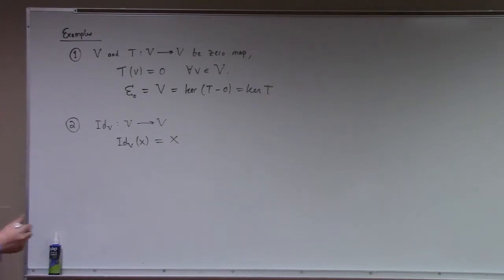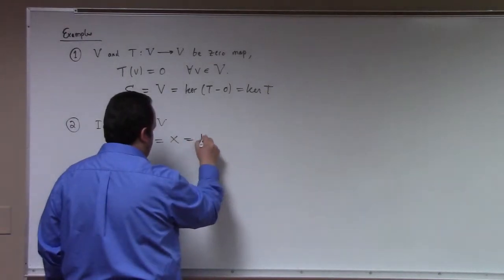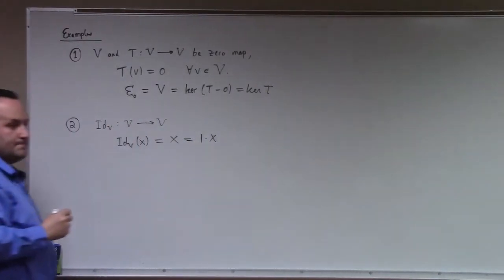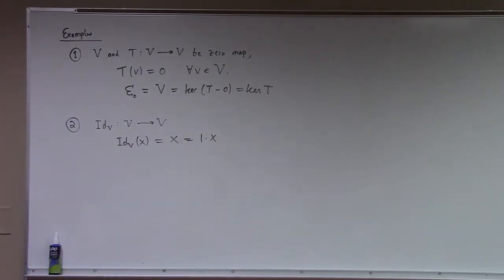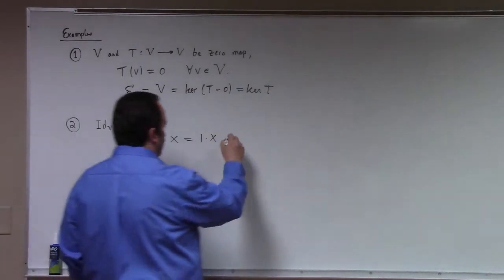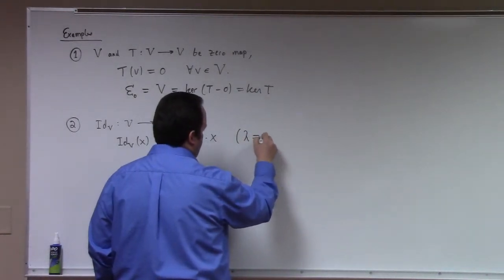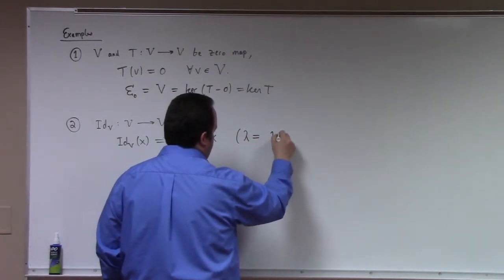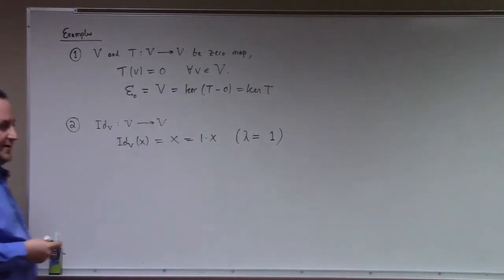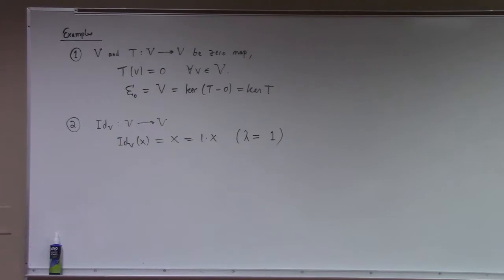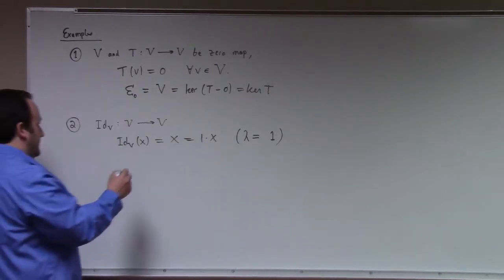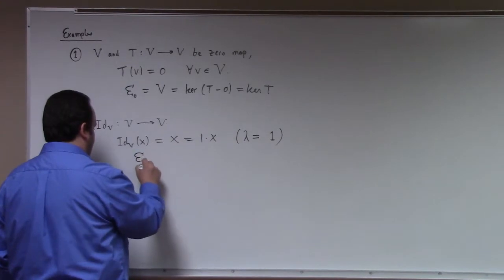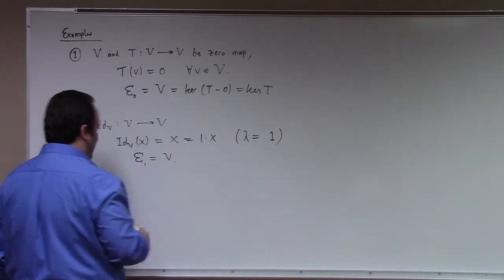Which, if you look carefully, you can see is 1 times X. So you can identify from that the eigenvalue is what for X? 1. Every non-zero vector is an eigenvector of the identity map with eigenvalue 1. So in this rather silly case, we have that E1 is V. Okay.